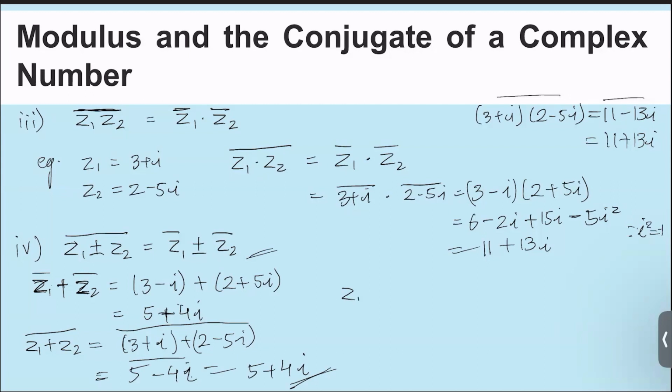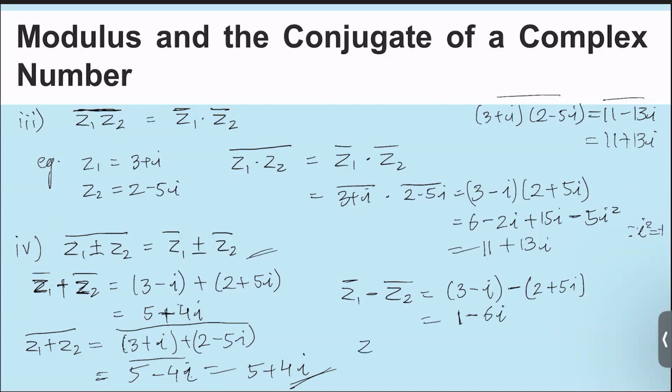If we take the difference, okay, so you have the conjugate of z1, so that is 3 minus i, minus the conjugate of z2, that is 2 plus 5i. Over here you get 1, this becomes minus 5. So minus 5i minus i, that becomes minus 6i.